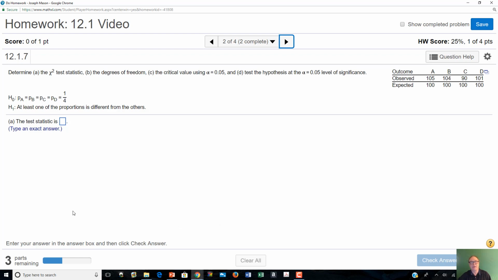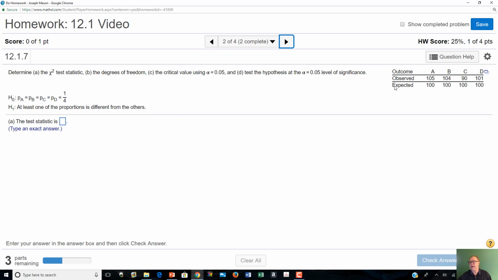The null hypothesis here is that P sub A equals P sub B equals P sub C equals P sub D, which equals 1/4, which means all categories have the same probability. So pi is the same for each category. So that's the null, that they're all equal. Now, the alternate would be at least one of the proportions is different from the others. So we're going to try to prove at least one is different.